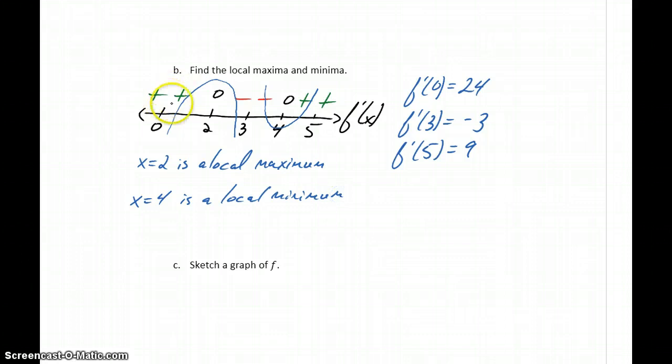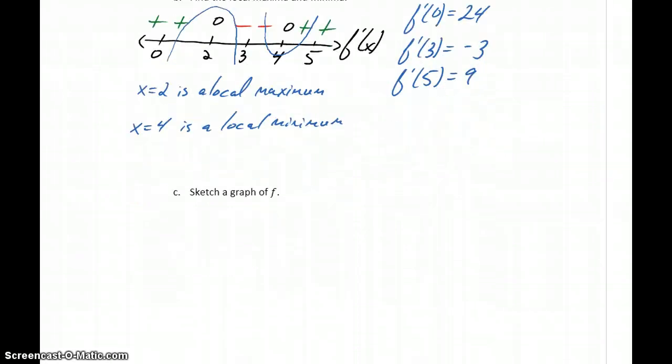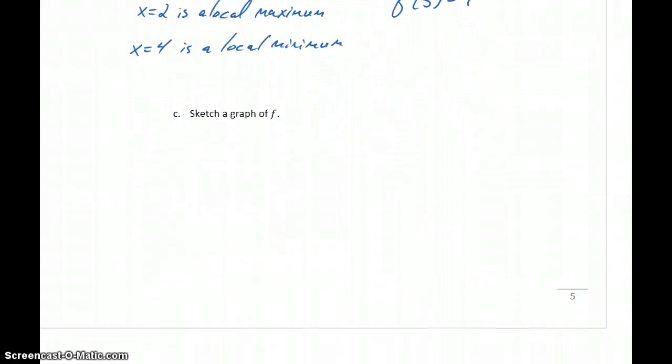So once we know the behavior of the graph, where it's increasing, decreasing, if we have maximums or minimums, we can sketch a graph of our function. So we know that we have a maximum at 2 and a minimum at 4. So we want to go ahead and plug those values into the original function to get the corresponding y coordinate. So in this case, 10 and 6.